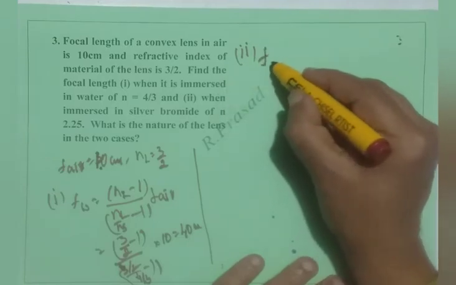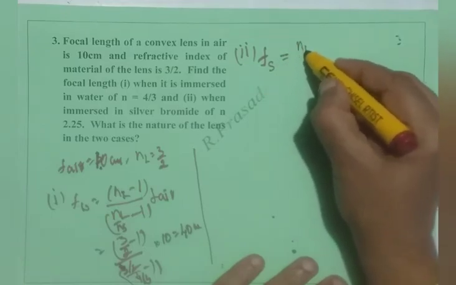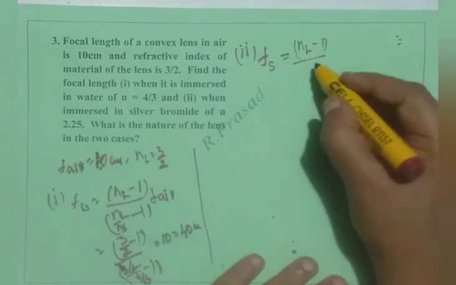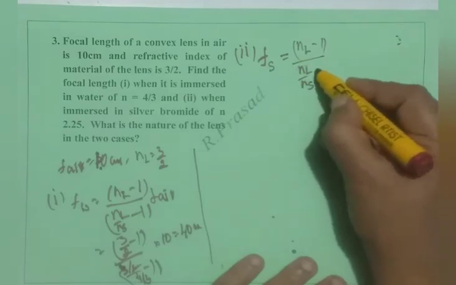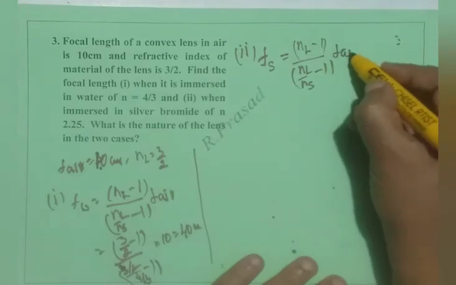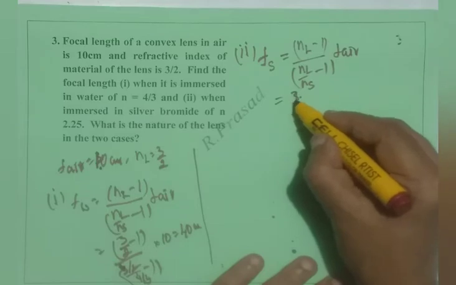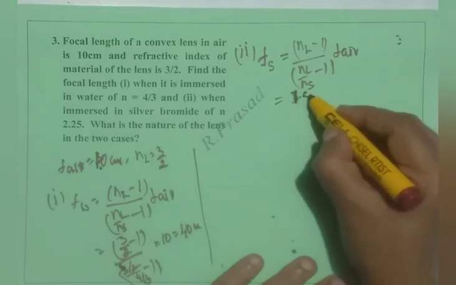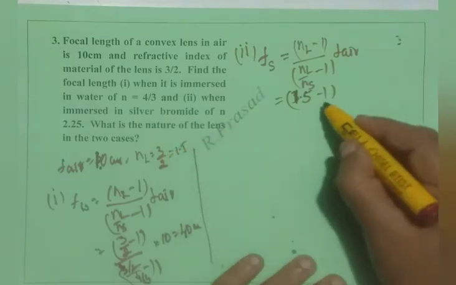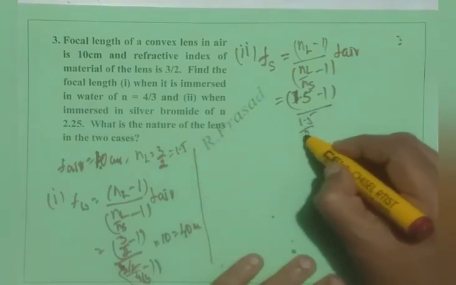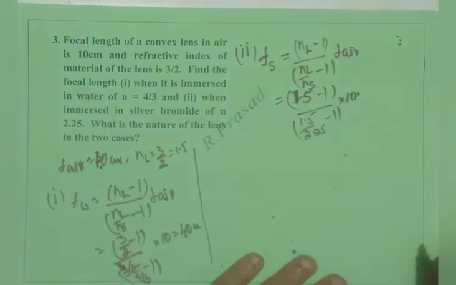For silver bromide, I write it as Fs. Again the formula is NL minus 1 divided by NL by N silver bromide minus 1 into F air. Instead of 3/2 I have written 1.5: 1.5 minus 1 by 1.5 by 2.25 minus 1 into F air, which is 10 centimeter.